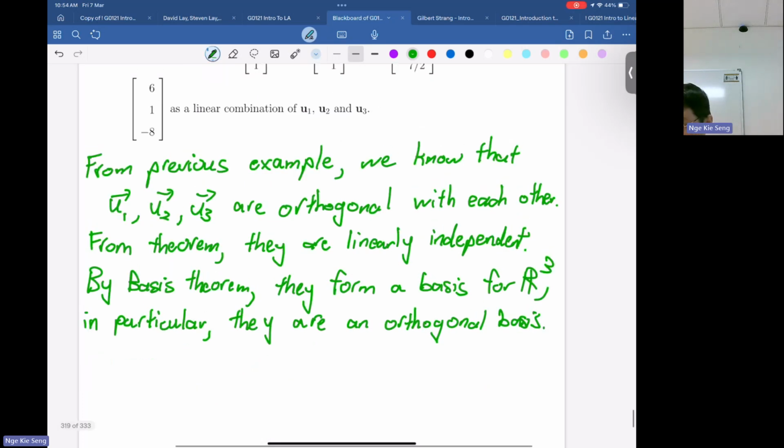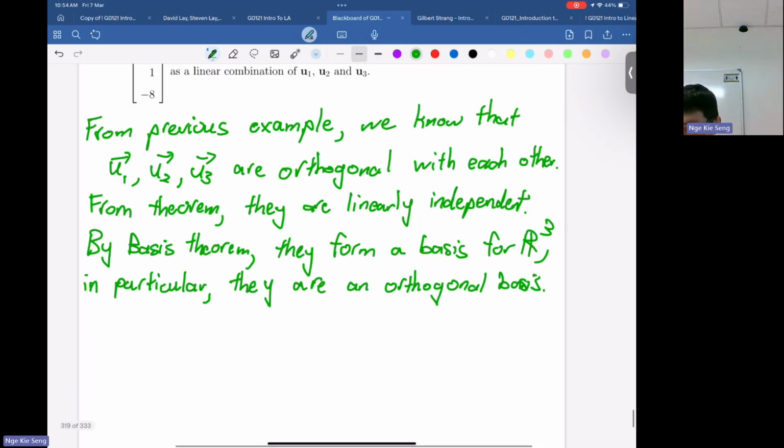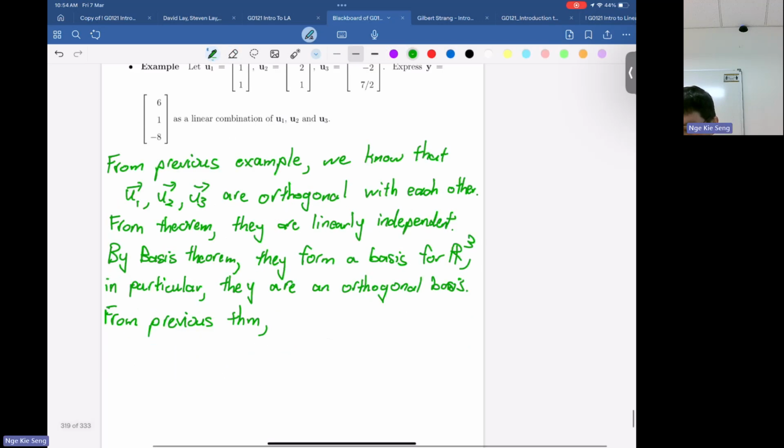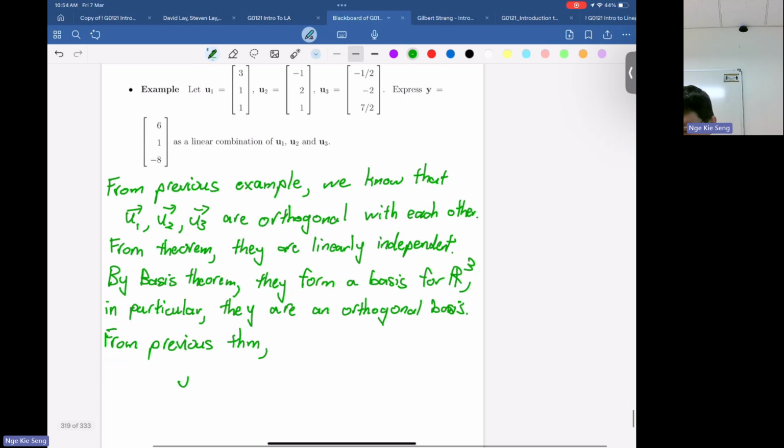From the previous theorem, we will write y in terms of C1 U1 plus C2 U2 plus C3 U3.